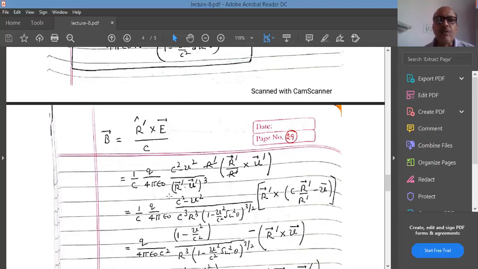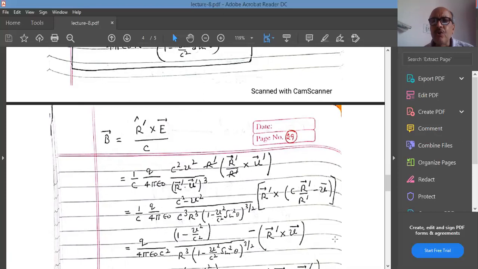We have already calculated the value of R dash dot U dash. So we have substituted here. It is C cube R cube into 1 minus B square upon C square, B square upon C square sine square theta to the power of 3 by 2.